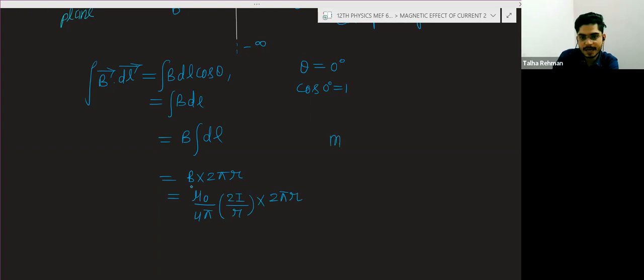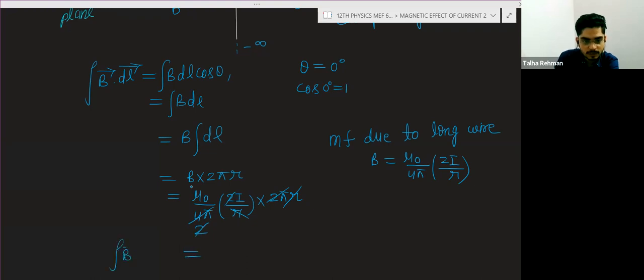So the magnetic field due to a long wire B is equal to mu naught divided by 4 pi, 2I divided by r. This formula I have used. So now this r and r will cancel out. This 2 pi and this 4 pi will give 2, and this cancels out. So finally you will get B dot dl equal to mu 0 I.